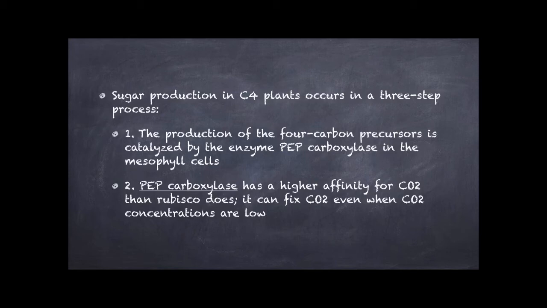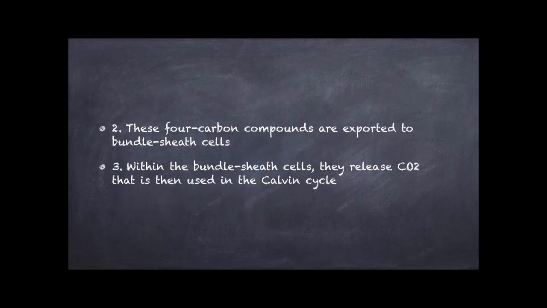PEP carboxylase has a higher affinity for carbon dioxide than the enzyme Rubisco, so it can fix carbon dioxide even when it is low. So remember, C3 plants have Rubisco as their enzyme to catalyze their reaction, but the PEP carboxylase in C4 plants is able to work proficiently even when you have low carbon dioxide levels, which is really beneficial in the environment they live in.